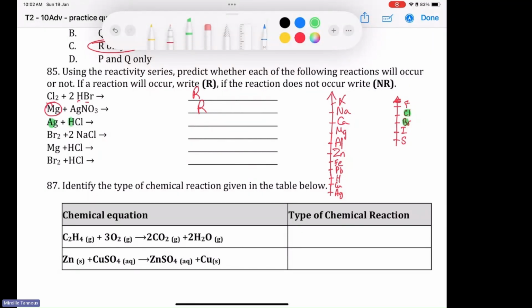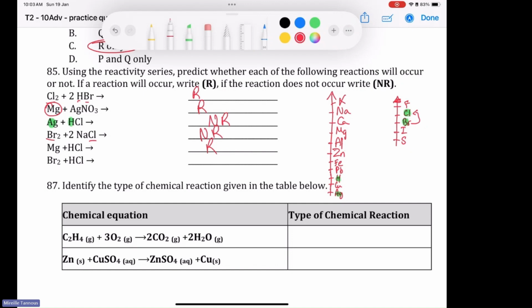Like for example, Ag and H. No, it cannot react. Br and Cl. Br is lower than Cl. No, it cannot react. Mg and HCl, it can react.